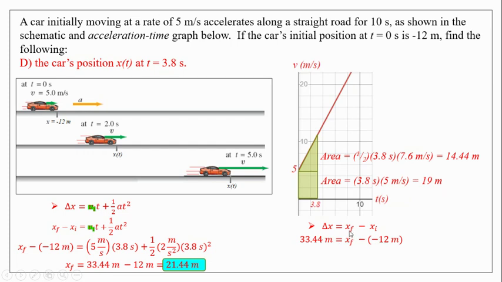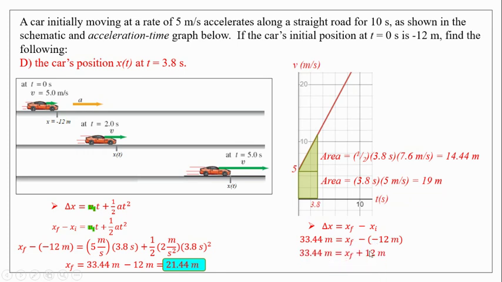XF is what we're trying to find, aka the position at 3.8 seconds, minus XI. I want to carry the operation minus down. I want to substitute XI using parentheses because XI in this particular problem is a negative value. So have good habits, it'll pay off. Okay, so therefore XI is negative 12, but as you can see again, a negative times a negative here will make it a positive.